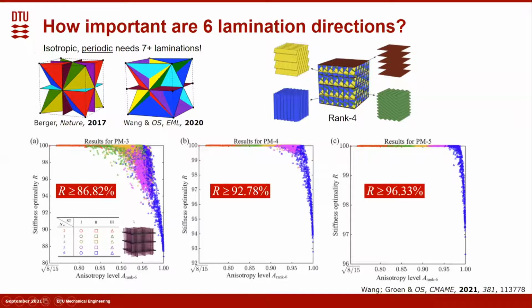One can see as the number of lamination directions increases, the stiffness optimality also increases. But at lamination direction 3, we already get quite good stiffness optimality. Depending on applications, one can choose different numbers of lamination directions.